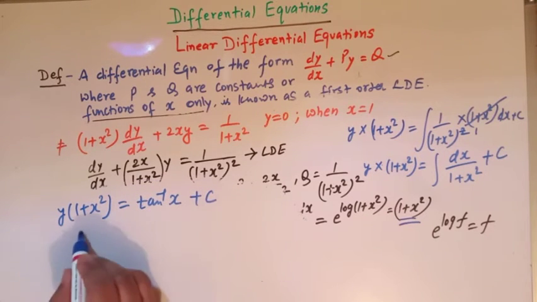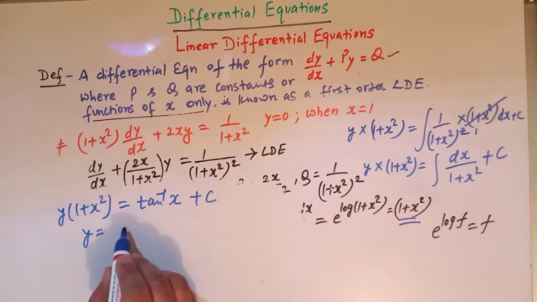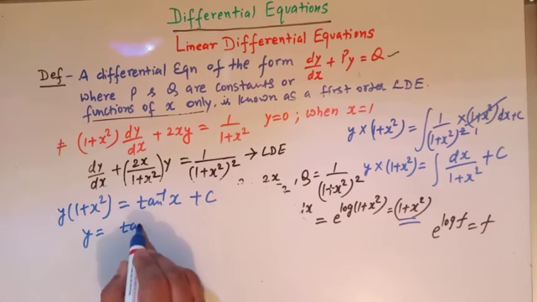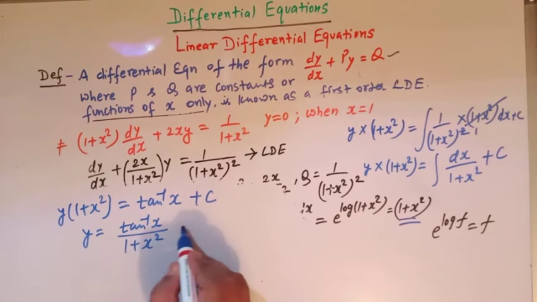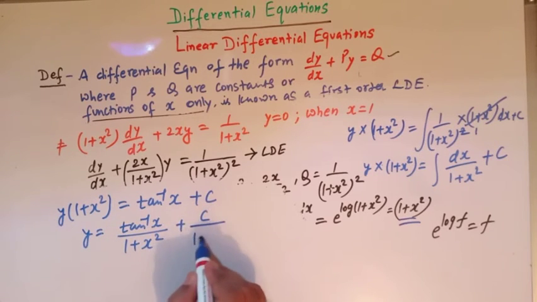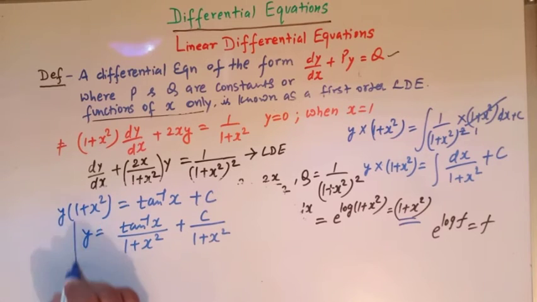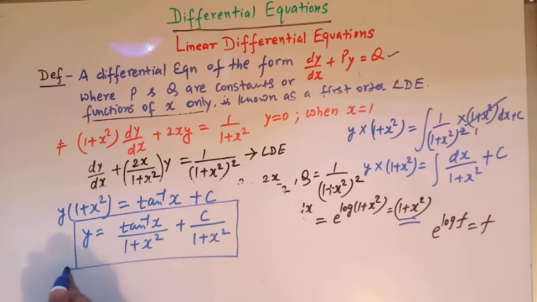Clear? So this can be written as y is equal to tan inverse x over 1 plus x square plus c over 1 plus x square. So this is the general solution of this differential equation.